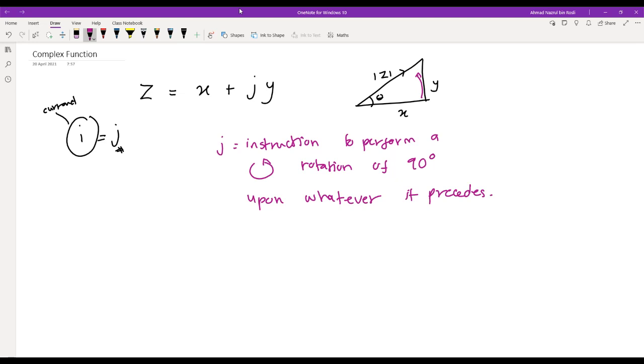From this, we call x the real part, and when we have j here, y we can call the imaginary part, even though y is a real quantity. Because we have reality versus imagination, that's why z becomes a complex function.